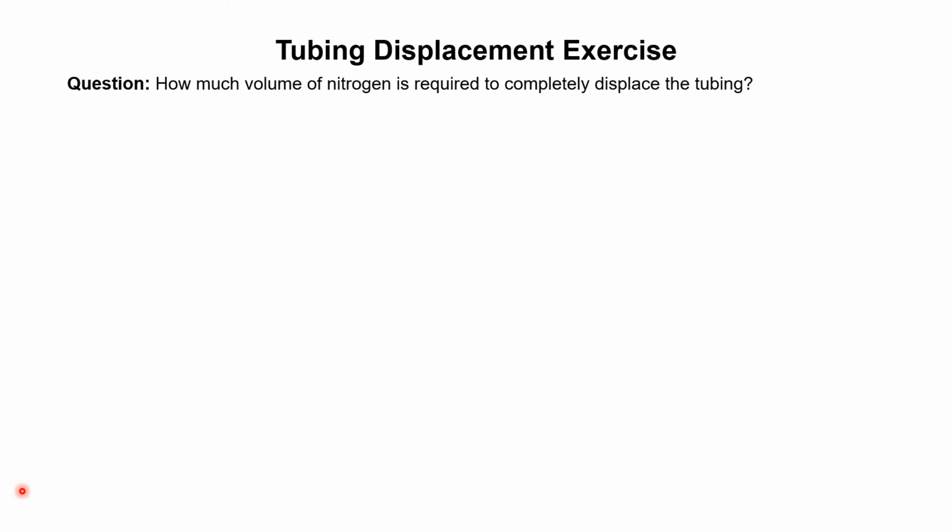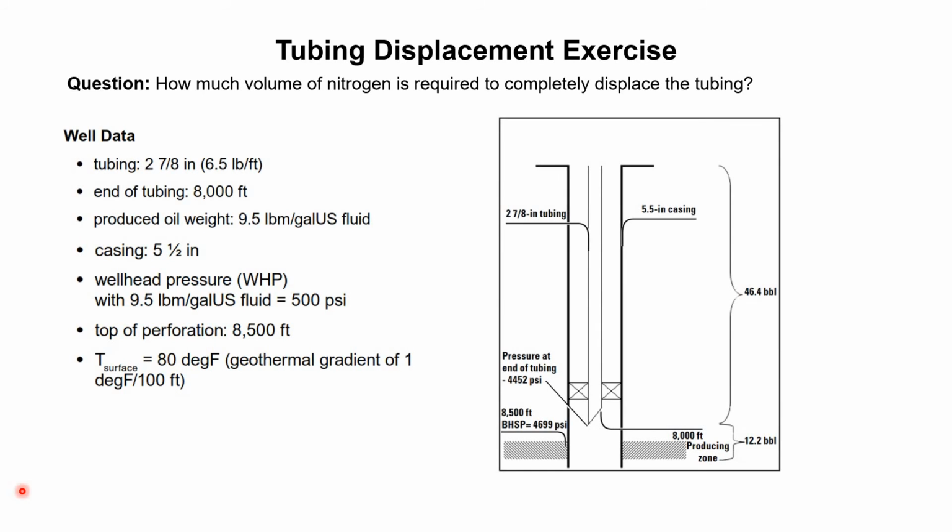So here is our question: how much volume of nitrogen is required to completely displace the tubing for the given well data? Here we have a given well with different information. So we have to calculate how much volume of nitrogen is required if we want to completely displace this tubing.